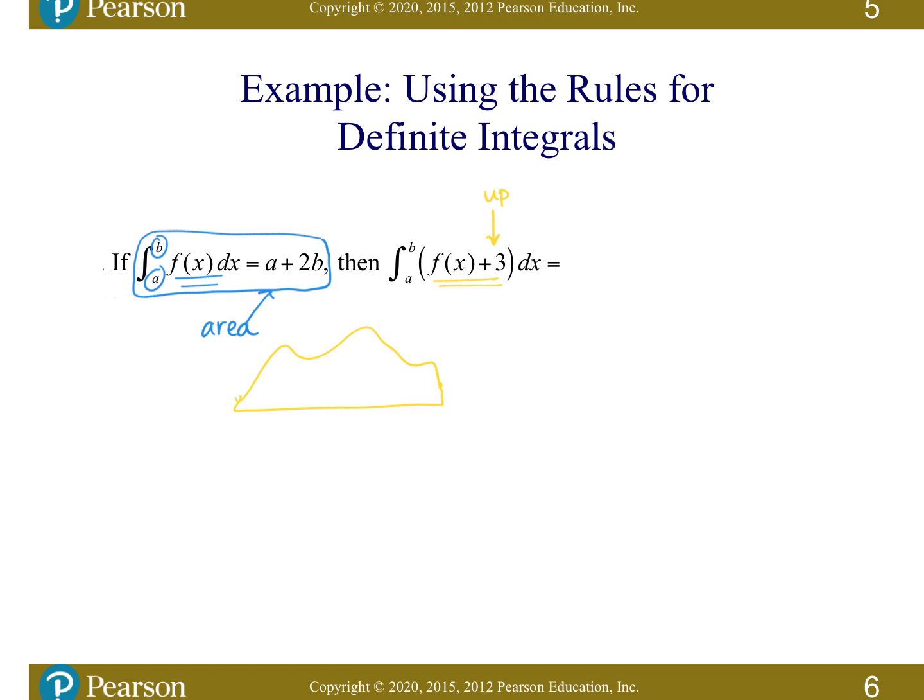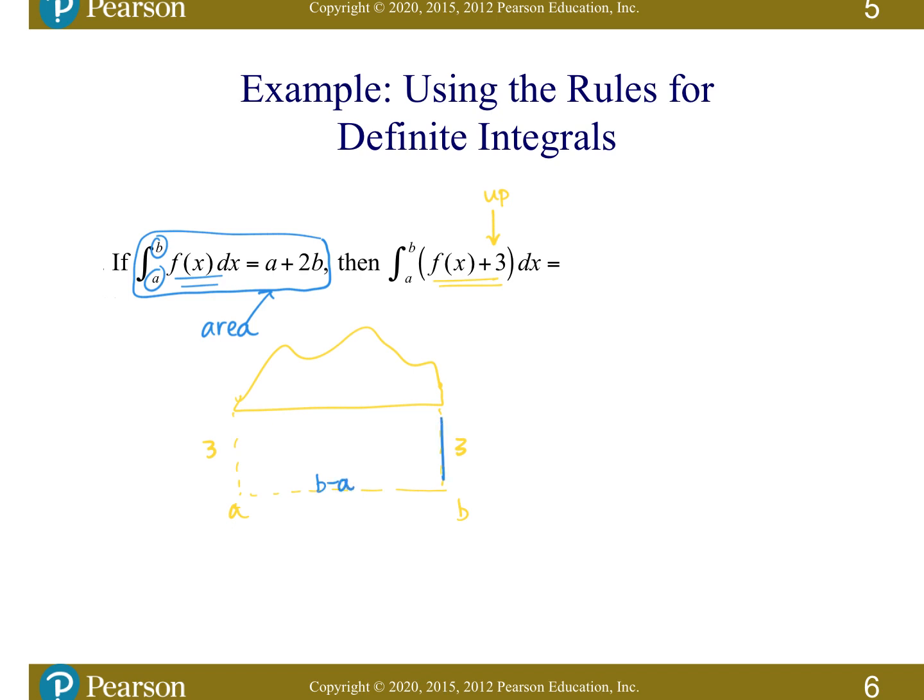And it's going to be going from a to b, and it'll be 3 units above. So we're adding on top of that a rectangle of a height of 3. And so the base has to be considered, that's b minus a.